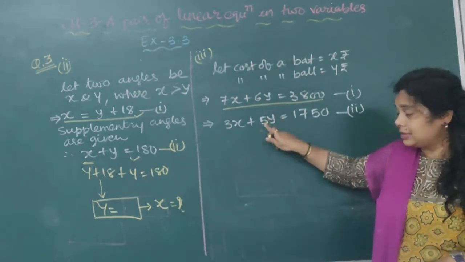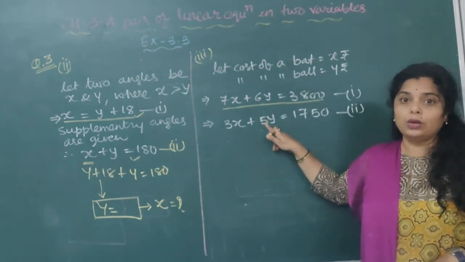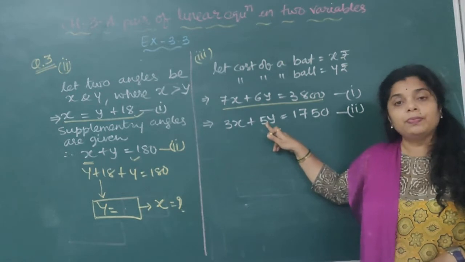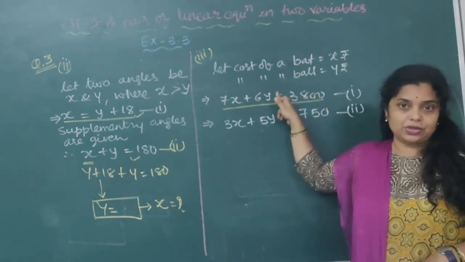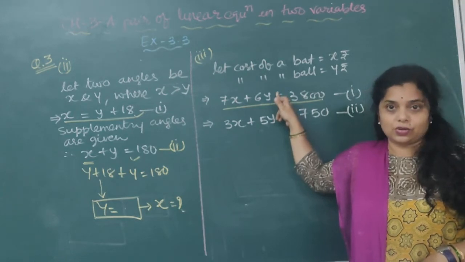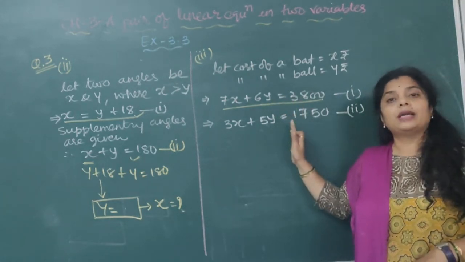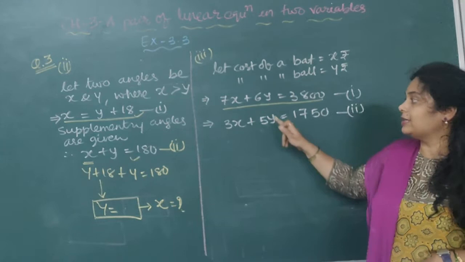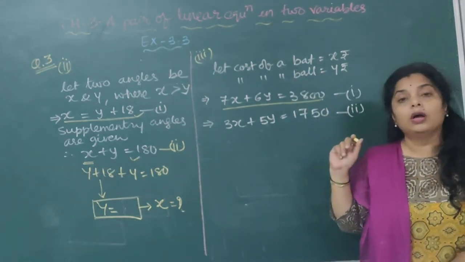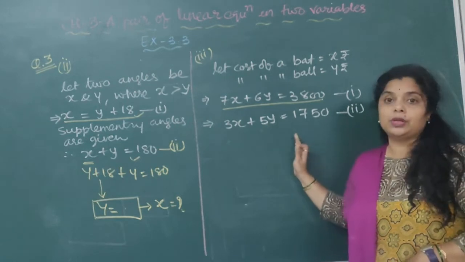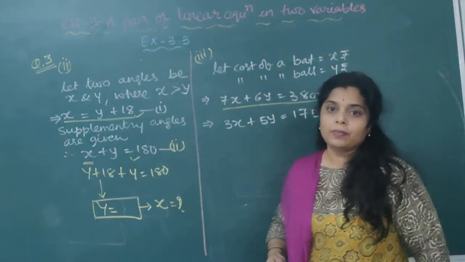If you select this one to express a variable in terms of another, then for substitution you have to select this equation, as I told you in the last lecture also. Is it clear? So in this way you will get the values of x and y. It means the cost of a bat and the cost of a ball. In both the examples you can also verify your answer.